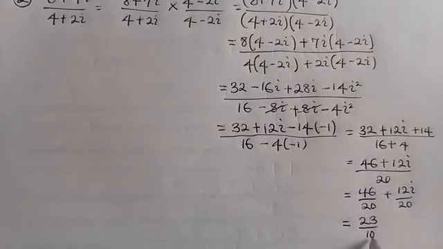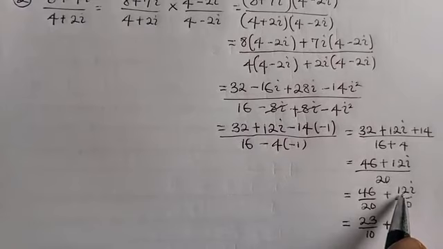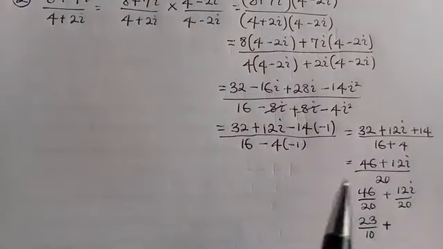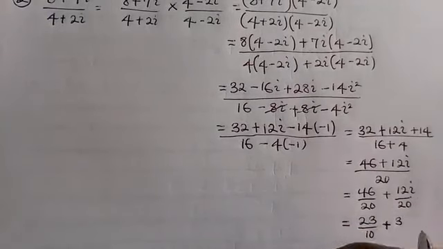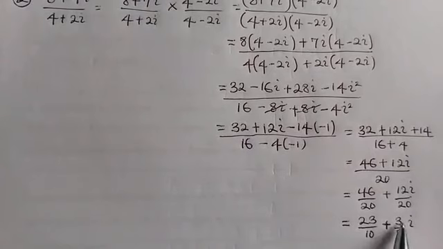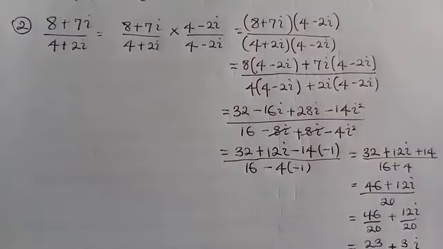So we have 23 over 10, plus, the common factor between 12 and 20 is 4. 4 will enter 12 3 times. 4 will enter 20 5 times. So we have 23 over 10 plus 3 over 5i as the solution to this division of complex numbers.